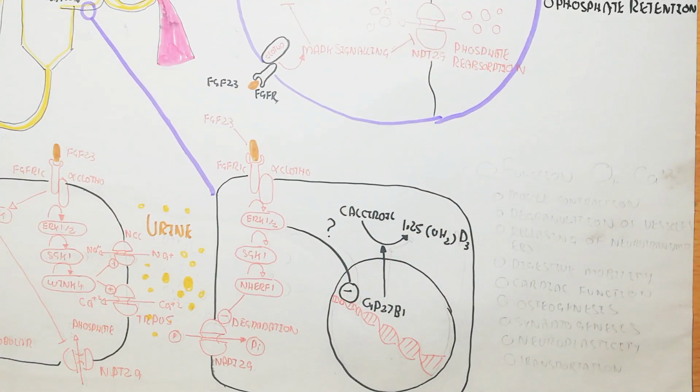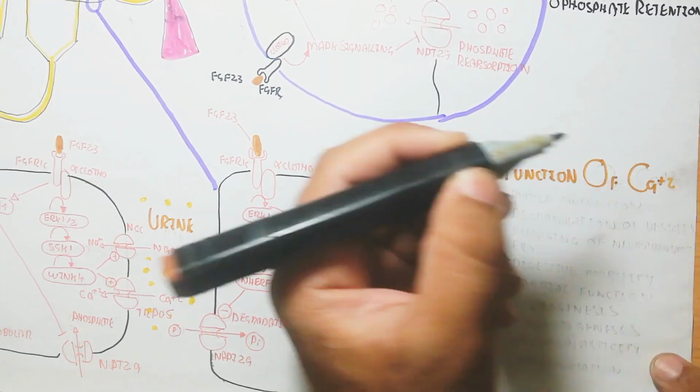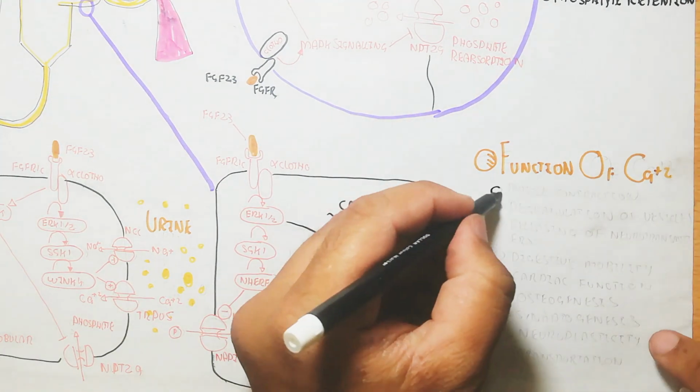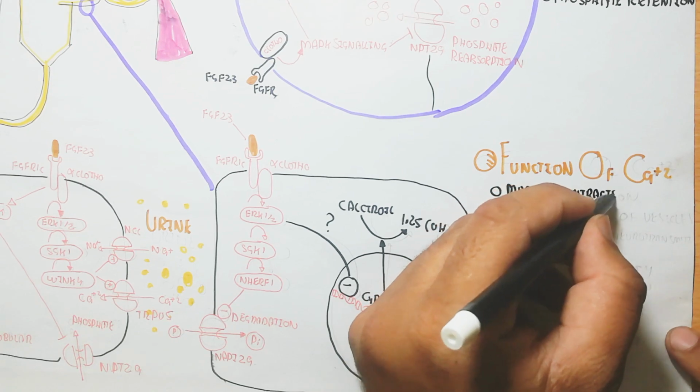Anyhow, let's understand the function of calcium. Muscle contraction is important due to calcium; if not, fatigue can be possible, because the muscle requires calcium.